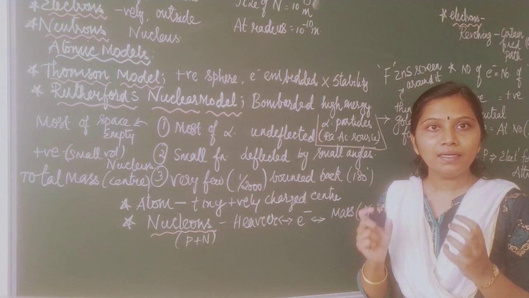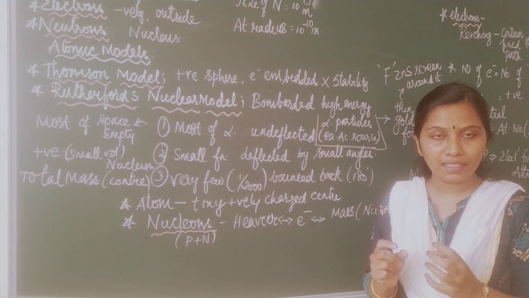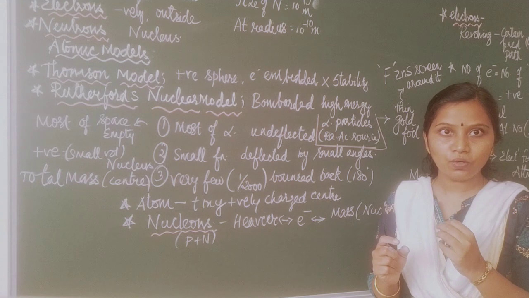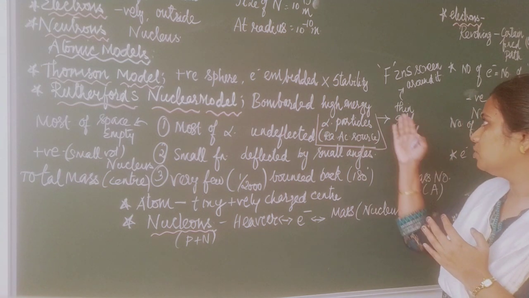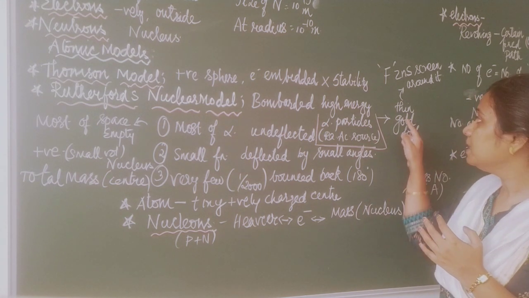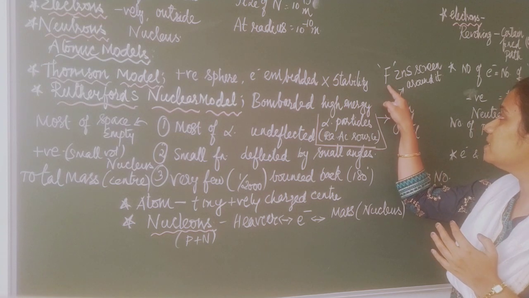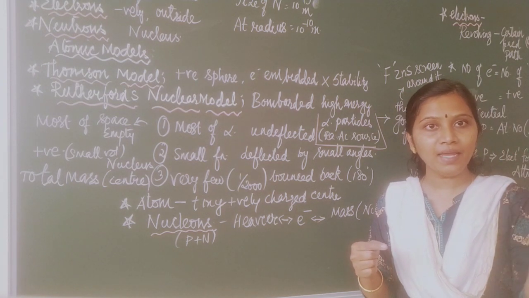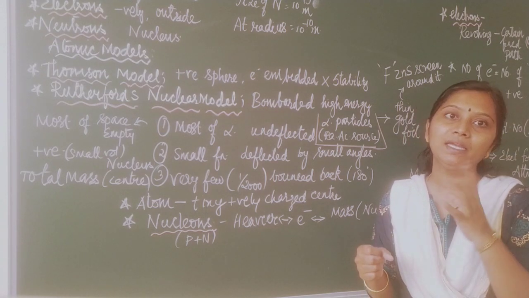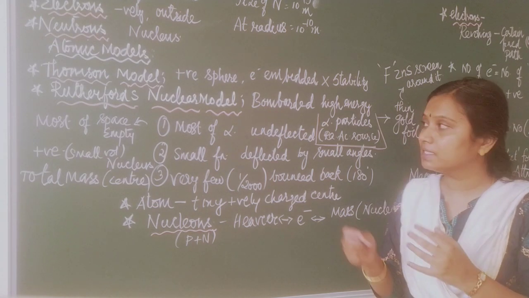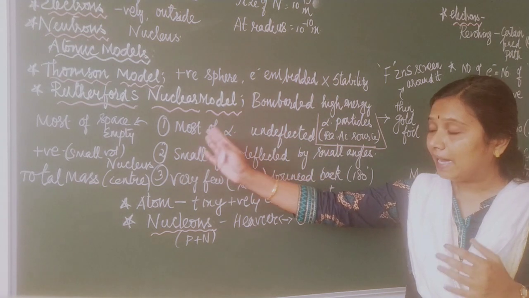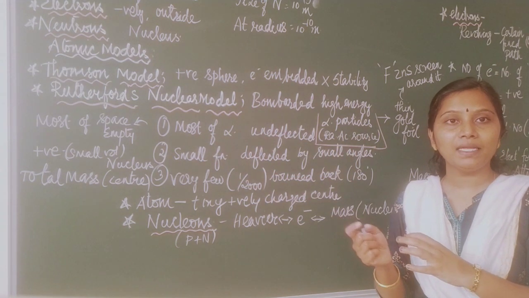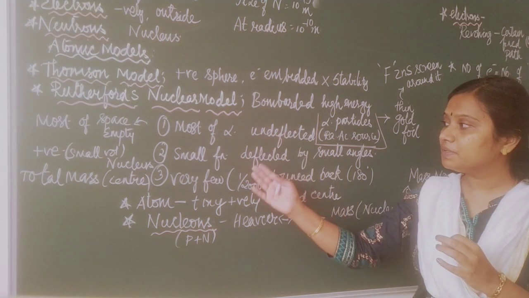Okay, I am repeating Rutherford's nuclear model. He bombarded high energy alpha particles from a radioactive source to a thin gold foil. See, my thin gold foil has a fluorescent zinc sulfide screen around it. So when every alpha particle strikes it, I'll be getting a flash, a fluorescence. After bombarding the gold foil with alpha particles, he observed three things.